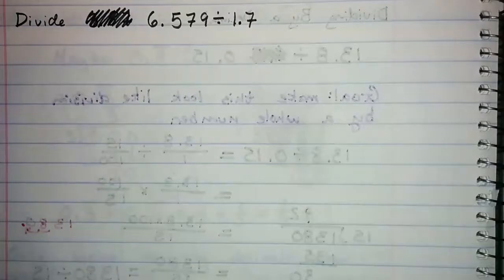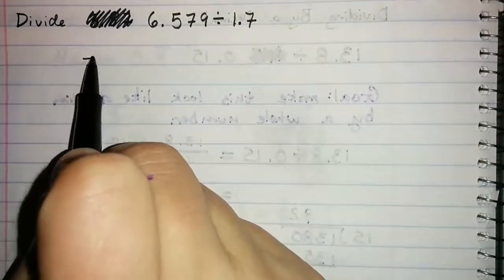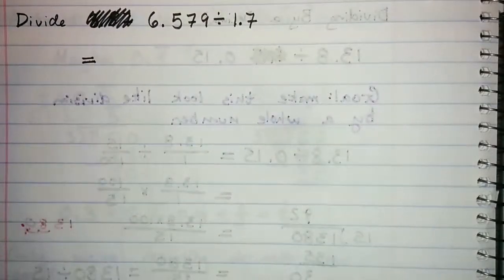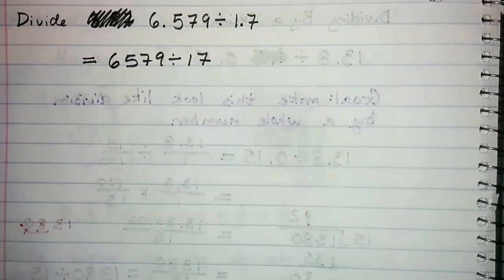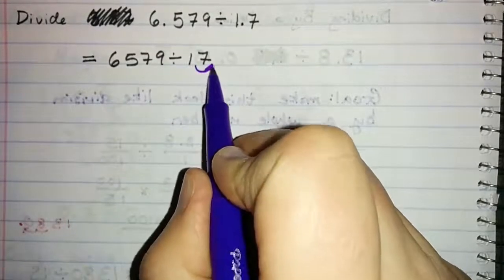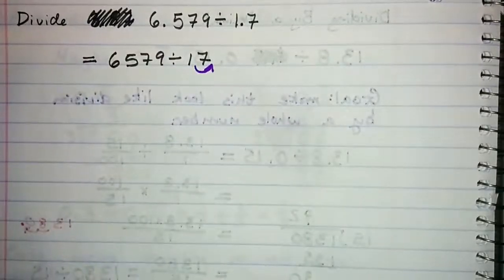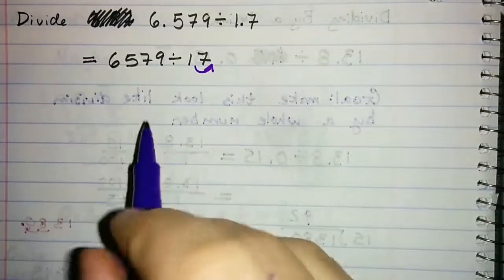Let's divide 6.579 by 1.7. Our first step is to rewrite this as division by a whole number. So, to get from 1.7 to 17, we had to multiply by 10 to the first. So we had to move the decimal point one place to the right.